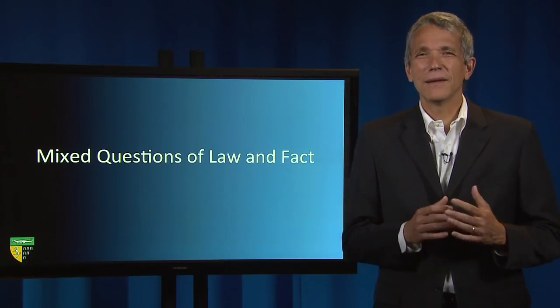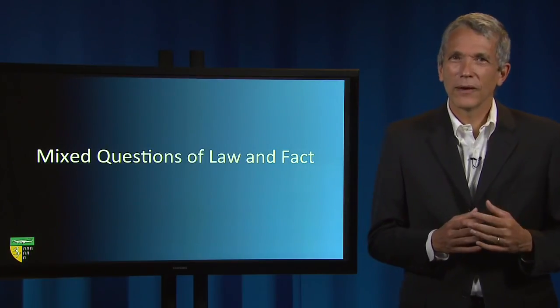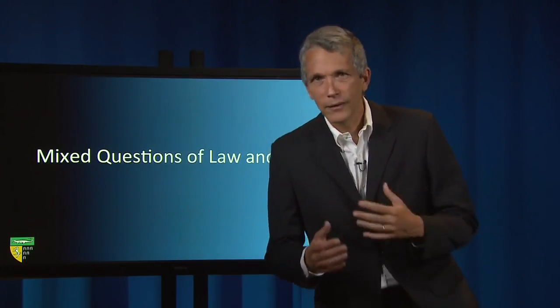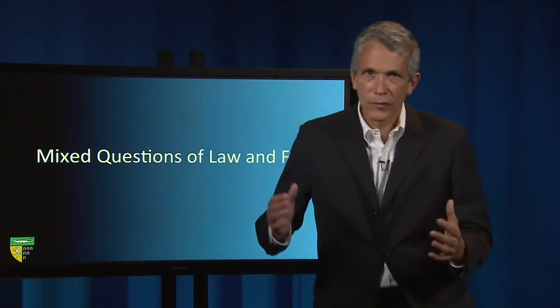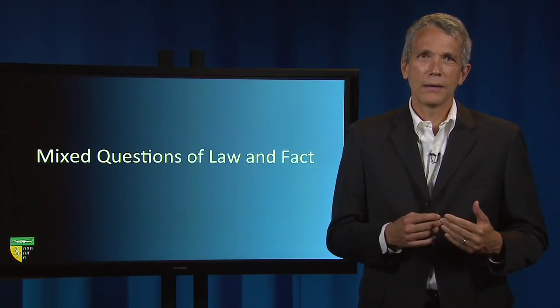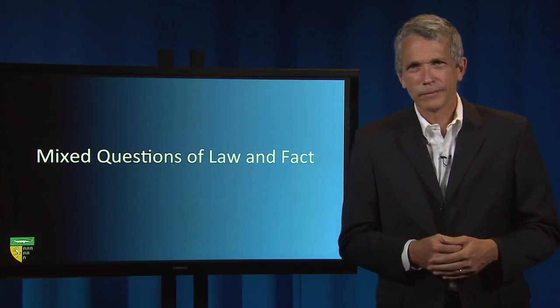The treatment of these intermediate questions is annoyingly complex, but if I had to summarize while standing on one leg, I'd say appellate courts give clearly erroneous review to mixed questions when factual issues predominate, and give de novo review when legal questions predominate.